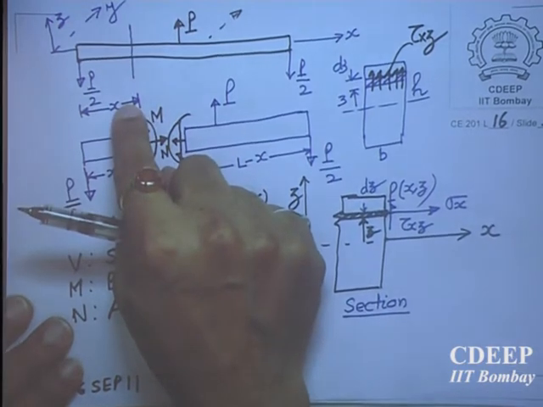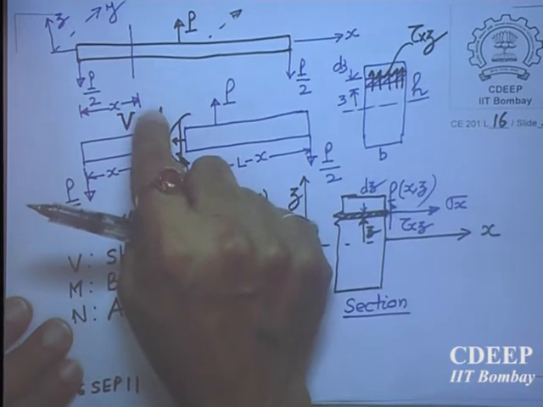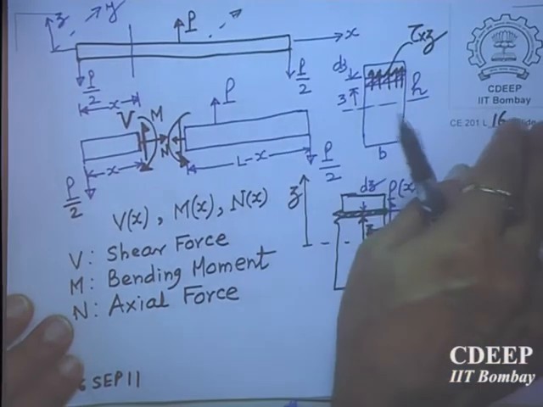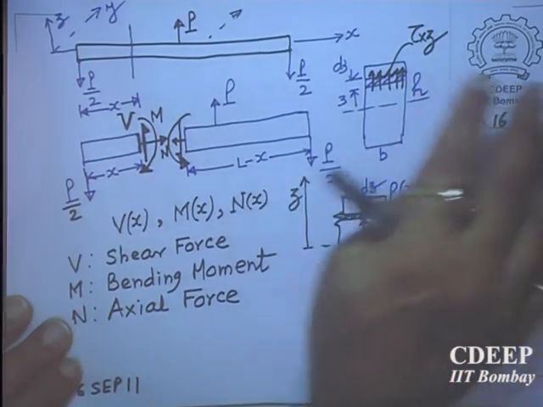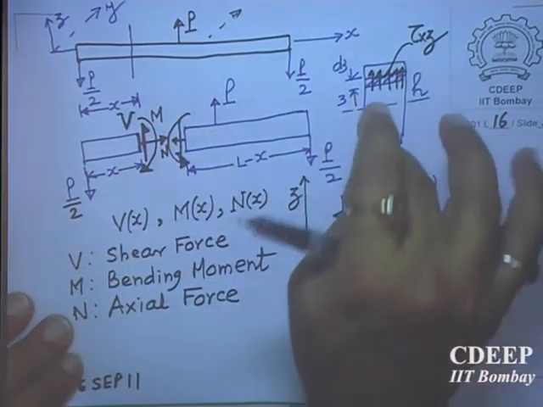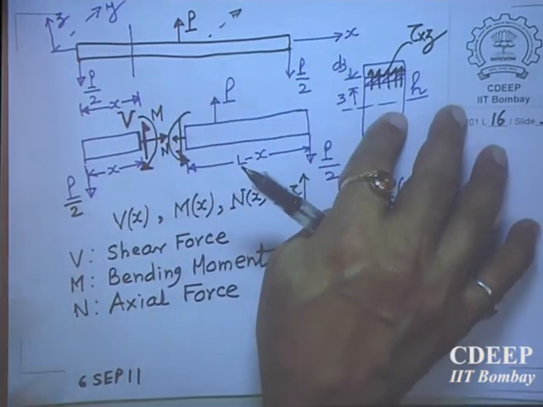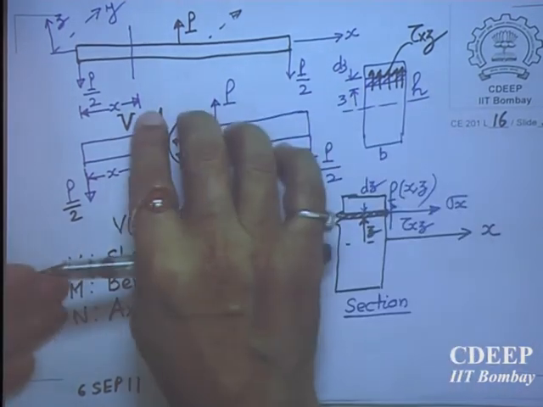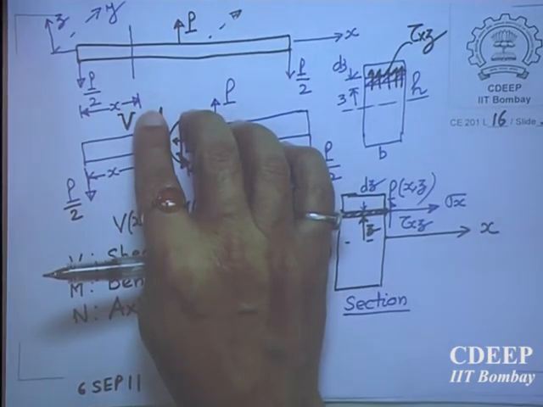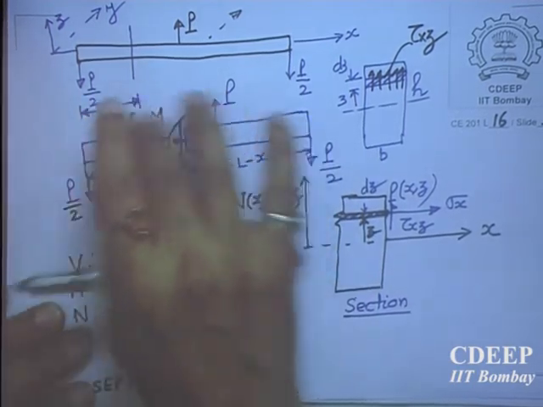So the moment is taken positive this way, because at that particular point they have not related positive stresses to the moments and shear force. But we are relating them here, because our moments and shear force are coming from the positive stresses. We don't want to confuse again. Otherwise I would have to define it by a negative sign, and I don't want to. Is it okay? So this will be my positive convention.